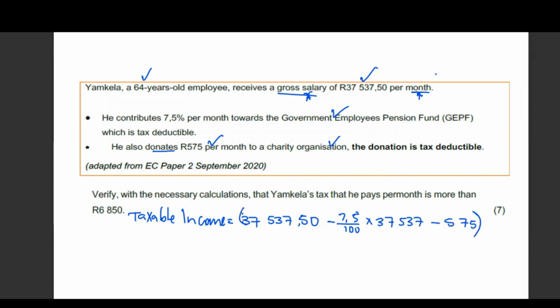Everything will be multiplied by 12. Why by 12? We need annual taxable income. So the annual taxable income becomes 409,766 rands, 25 cents.